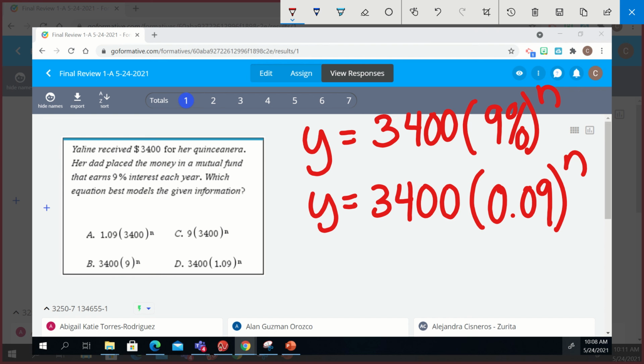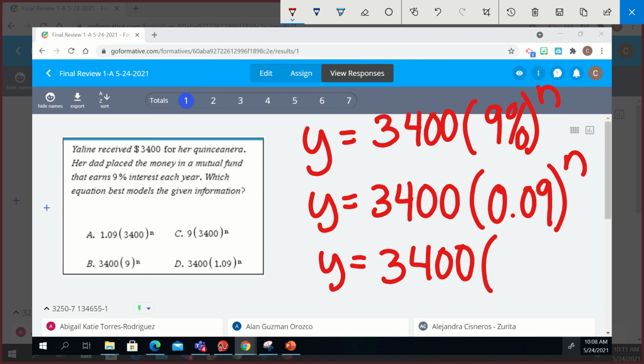This is why. We have to take into account that we're not just calculating the interest, we're calculating the interest plus the deposit, plus the initial amount. To do that, we have to change this number, this 0, to a 1.